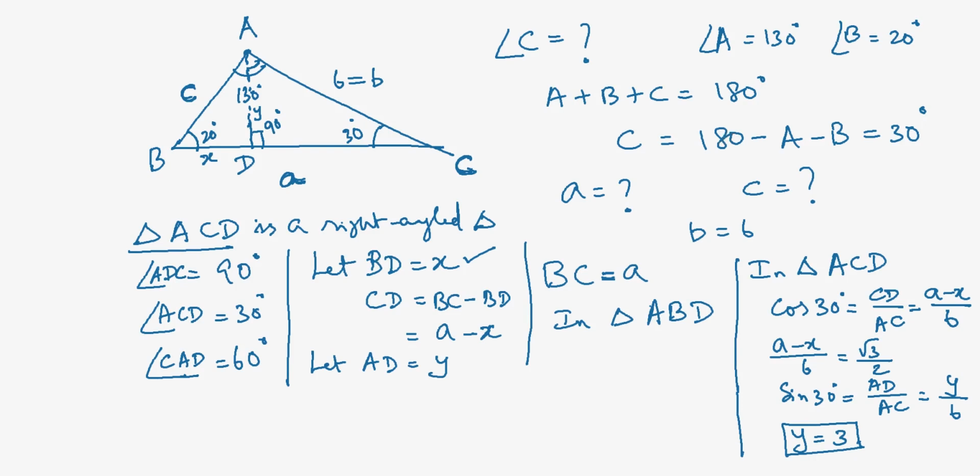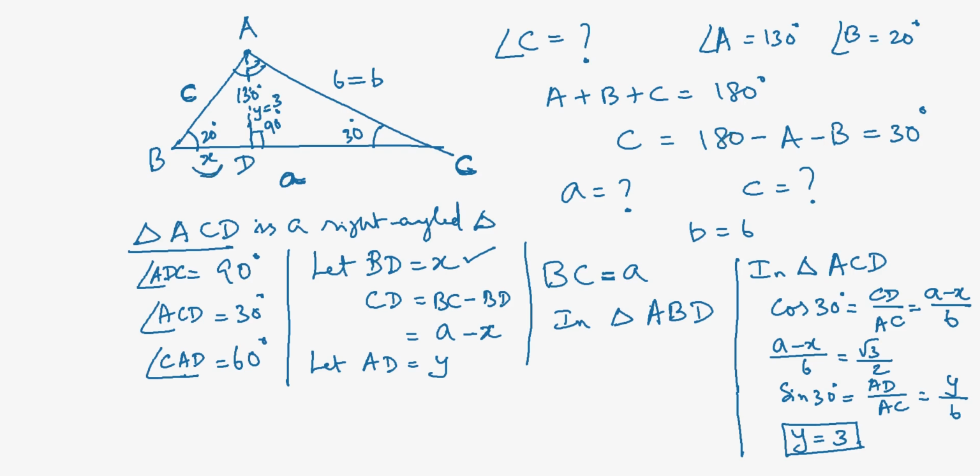So now we know the y. When we know the y, look at triangle ABD. So y is nothing but our value 3. So this angle also we know, but look at the tan of the angle 20.